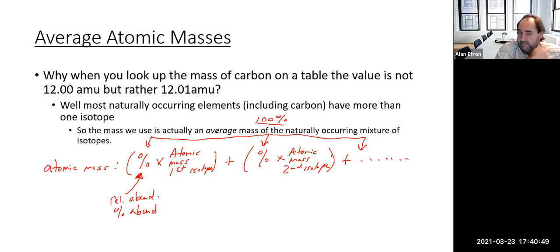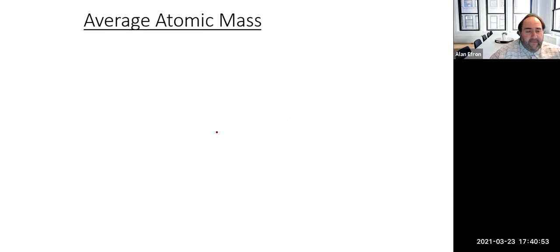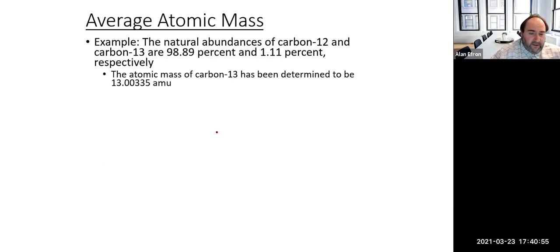So looking at carbon, we have the carbon 12 isotope that occurs about 98.89% of the time, and the carbon 13 isotope that occurs about 1.11% of the time. We can do the calculation I just wrote out.